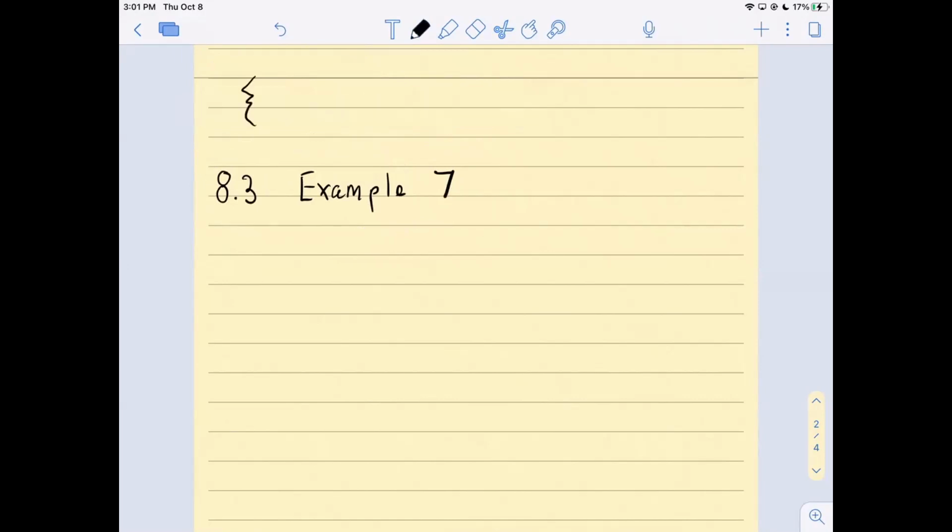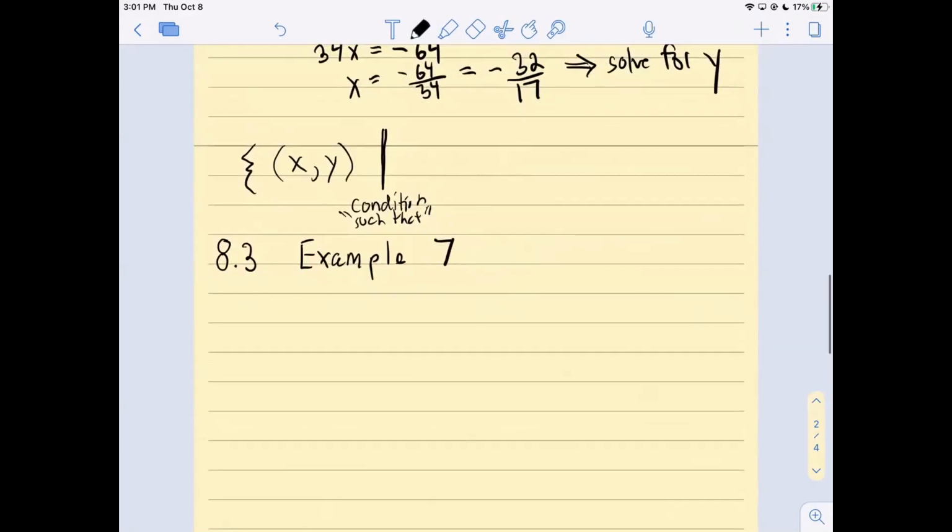It's the set of points x, y, and then you put the bar for the condition, which also means such that. This is the set of points such that they're on that line. So 12x minus 6y equals minus 15. So that would be 8.2.